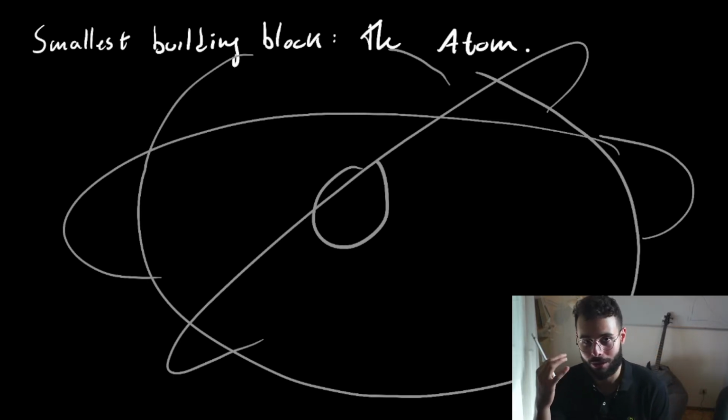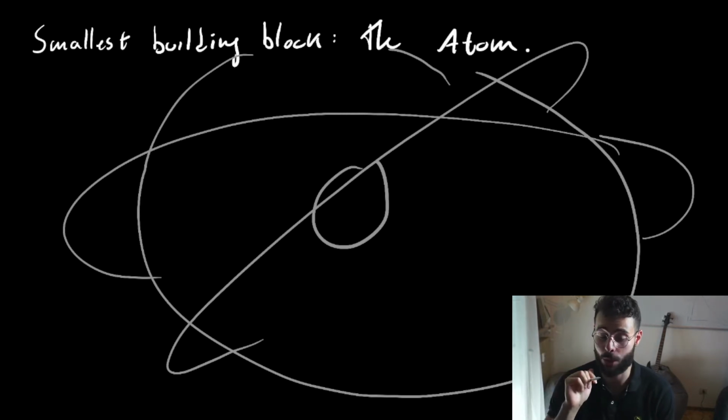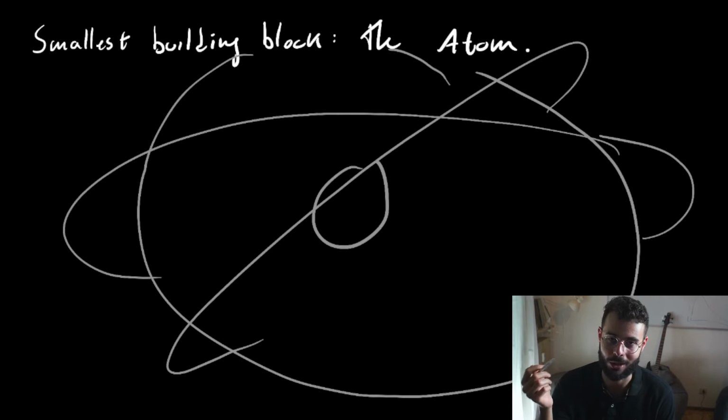And it used to be thought that this is how an atom looks. You have the core, which is made out of two particles we are going to discuss in a few minutes, and you have electrons that orbit, like the sun and the earth. So the earth goes around the sun in a circular motion, the same way, at the same speed, and this is what used to be thought about electrons as well.